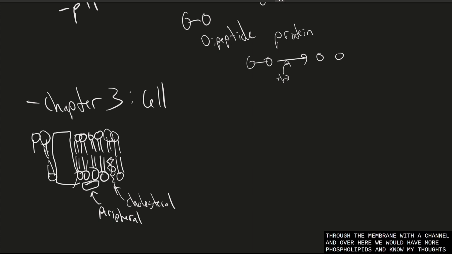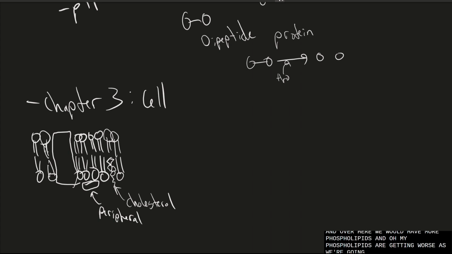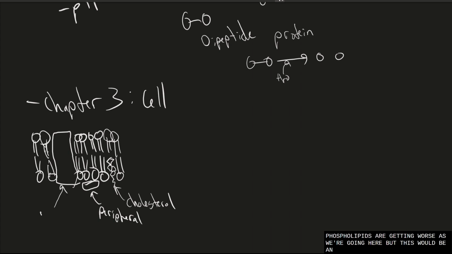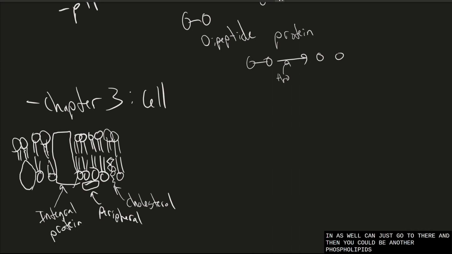I know my phospholipids are getting worse as we're going here, but this would be an integral protein. An integral protein can also just go partway in as well. It can just go to there, and then it could be another phospholipid up there. And these are the last ones I'm going to draw on this side because we're running out of space over there. So there, integral protein.